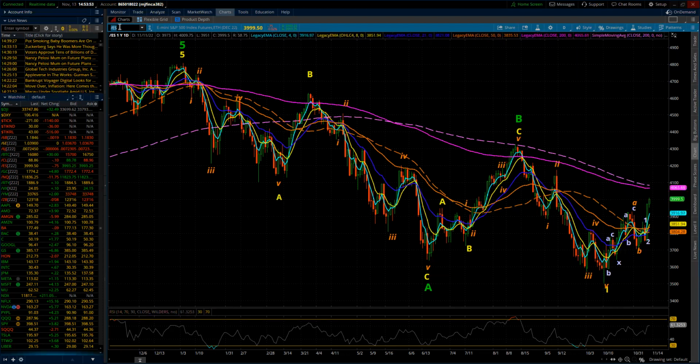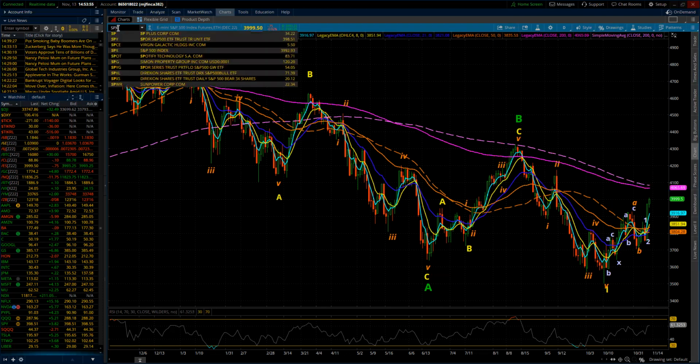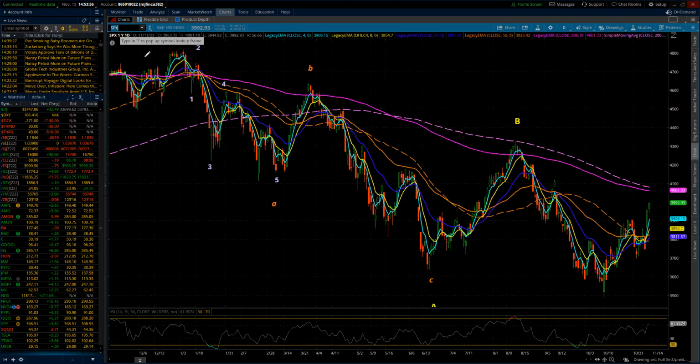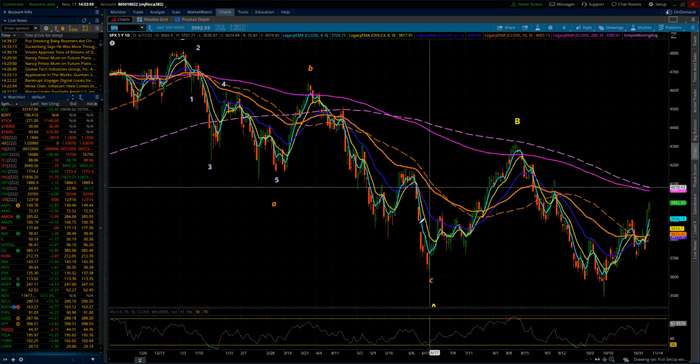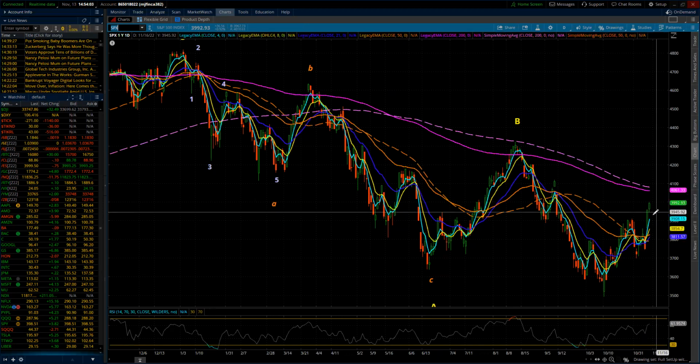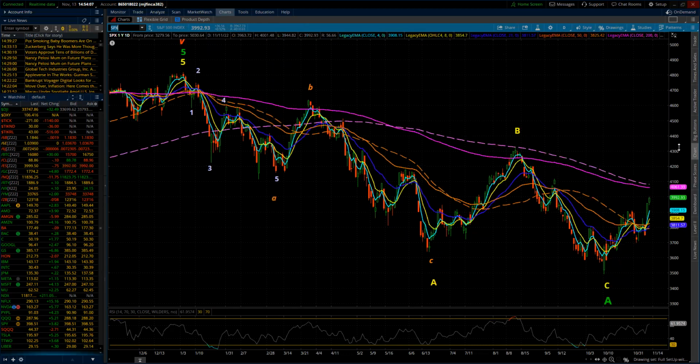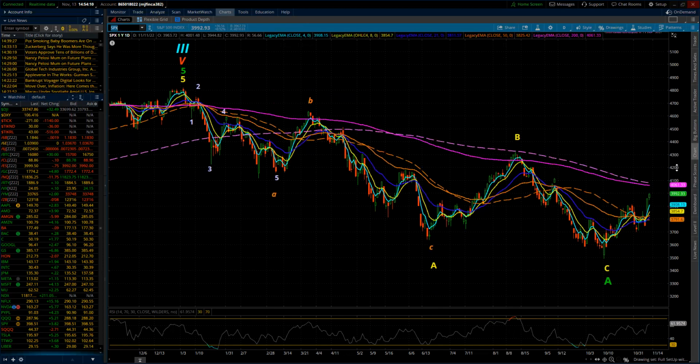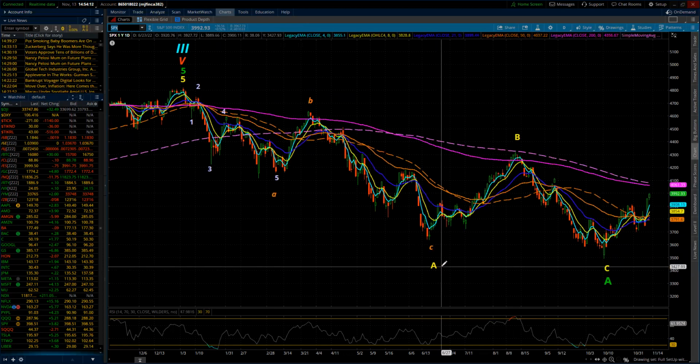But I want to go over to the SPX, which of course is just the cash market for the ES. Sometimes it has a lot of gaps because of the different days. And we're here on the daily chart, and I have discussed this previously, so it may not come as a total surprise to viewers or subscribers that have been watching my work or listening to me for a little bit of time.